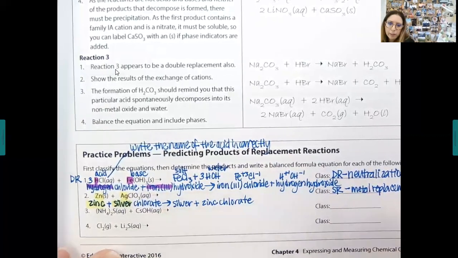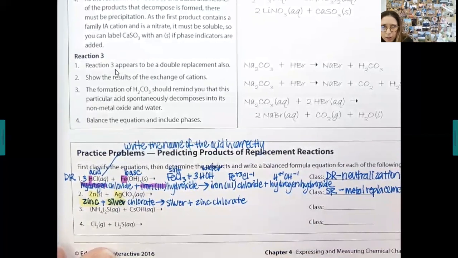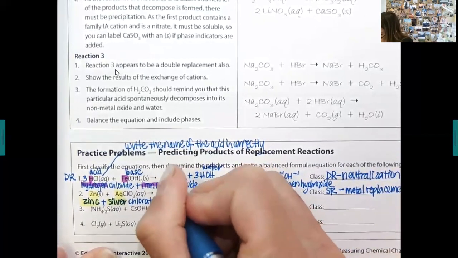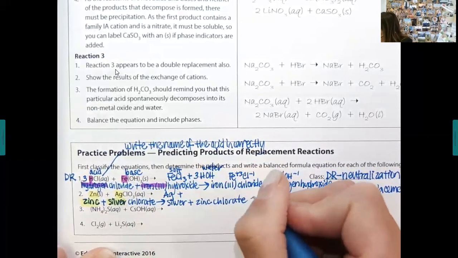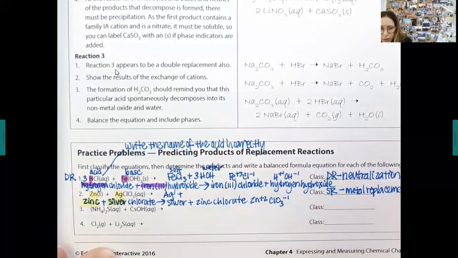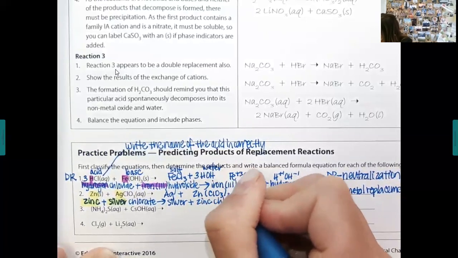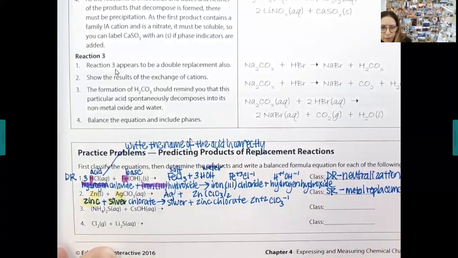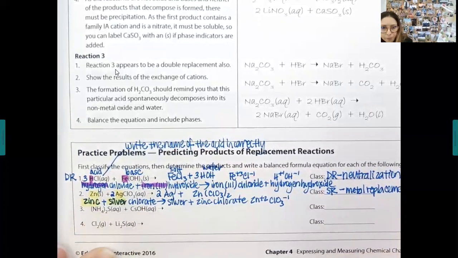When you kick out a metal and it's now in uncombined form, you're not kicking out an ion. You're just kicking out silver metal. So this is just going to be Ag. Zinc chlorate, if you look at the periodic table, is Zn plus 2, ClO3 minus 1. And there's your compound that you get. To balance it, put a 2 here and a 2 here.